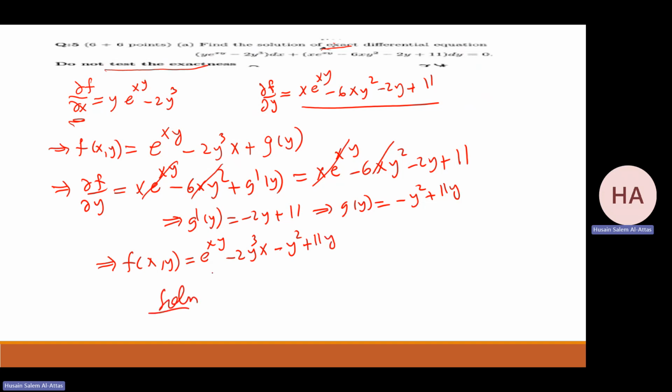This is just a function, not my solution. That should be equal to c, and that is my solution.